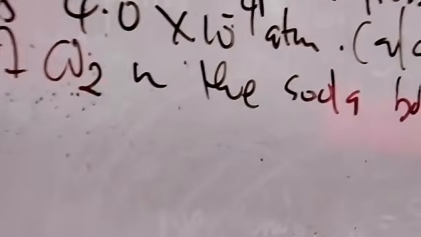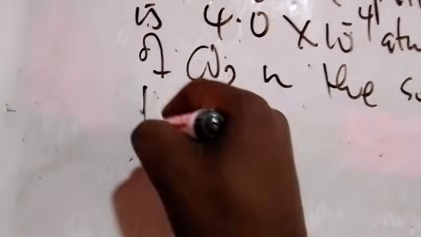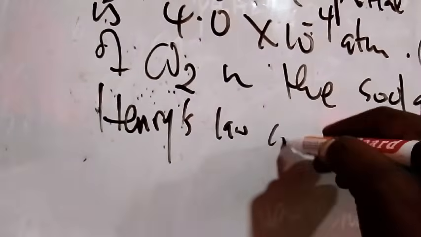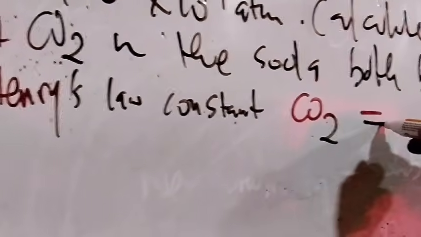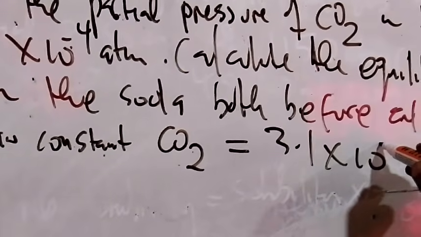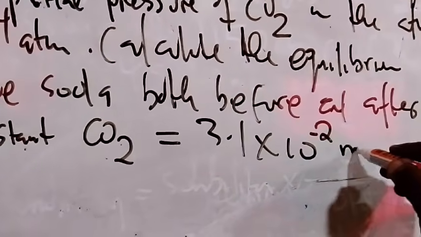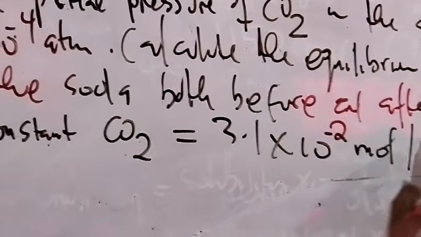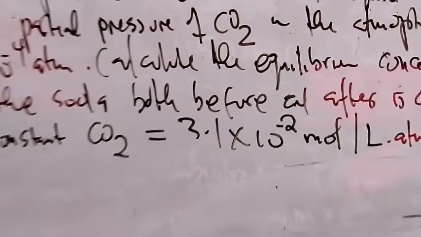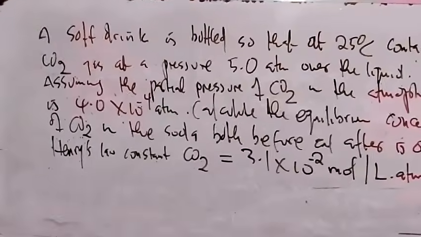Then Henry's law constant for carbon dioxide is equal to 3.1 times 10 to the power negative 2 mole per liter atmosphere. Okay, so this is the question.